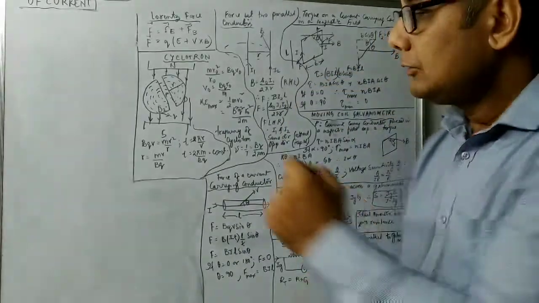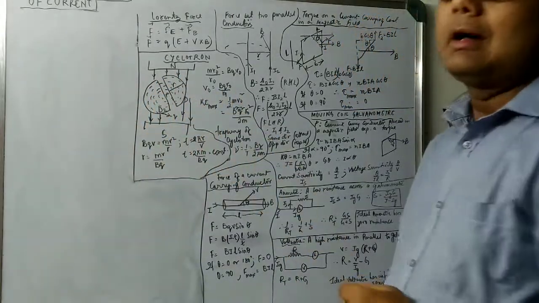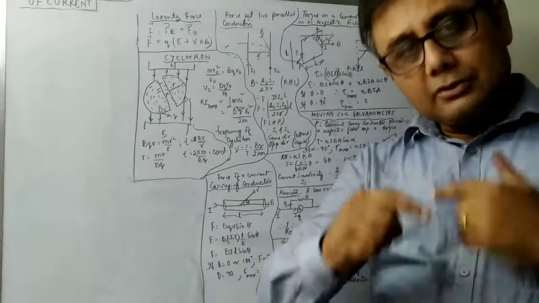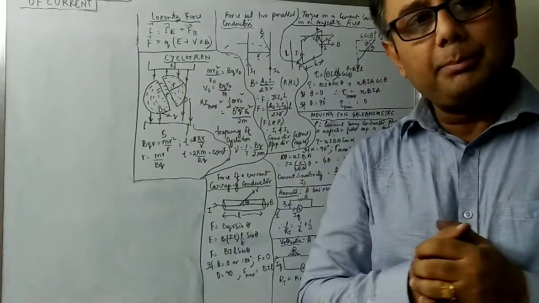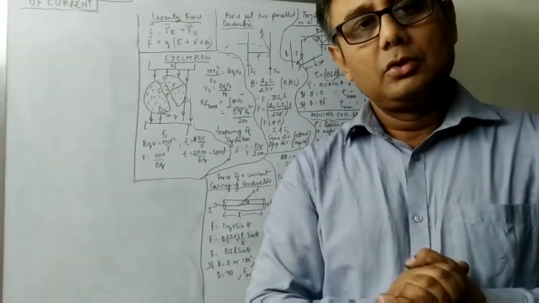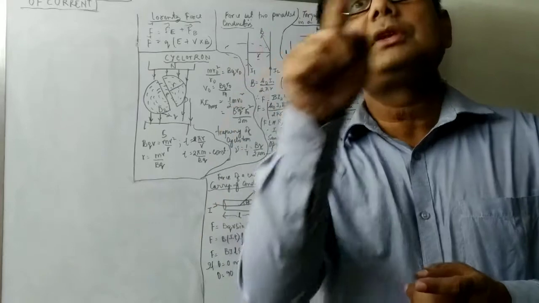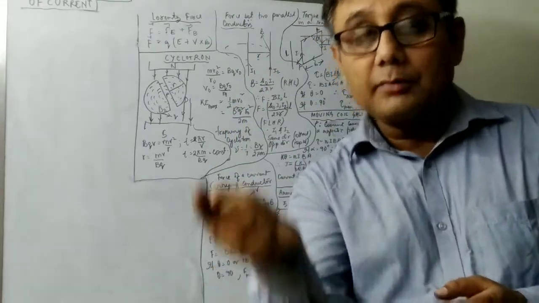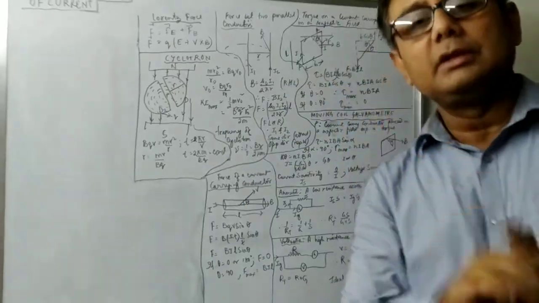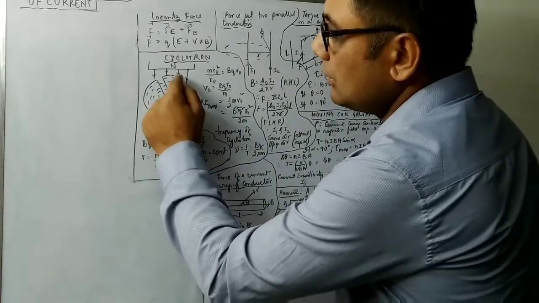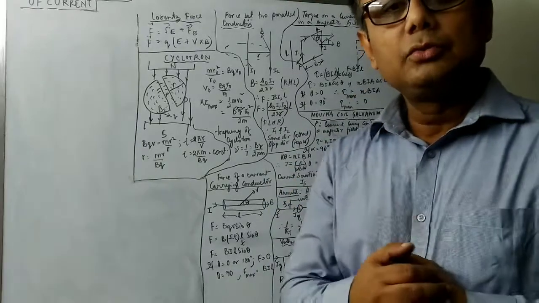This process continues, and slowly the proton starts to cover a larger radius. And we know that it has to come to the gap at the same interval of time. So if you are covering a larger distance but have to reach in the same time, your velocity has to increase.